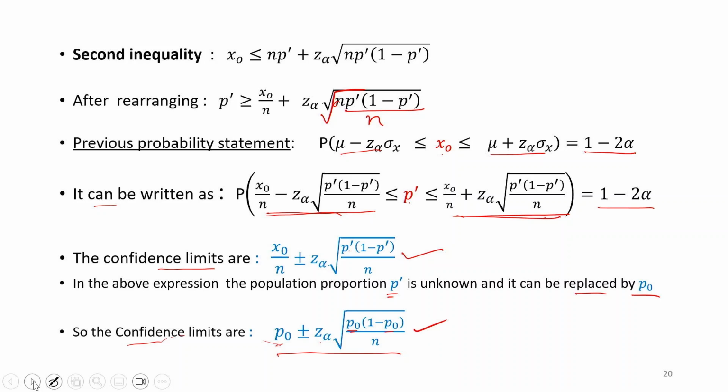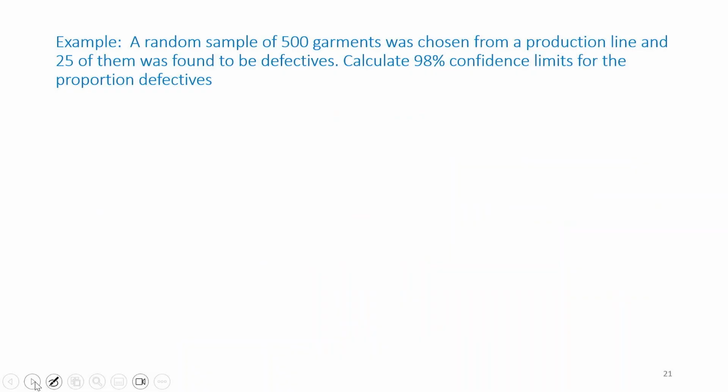Let us solve a problem. Example: a random sample of 500 garments was chosen from a production line and 25 of them were found to be defective. Calculate 98% confidence limits for the proportion defective.